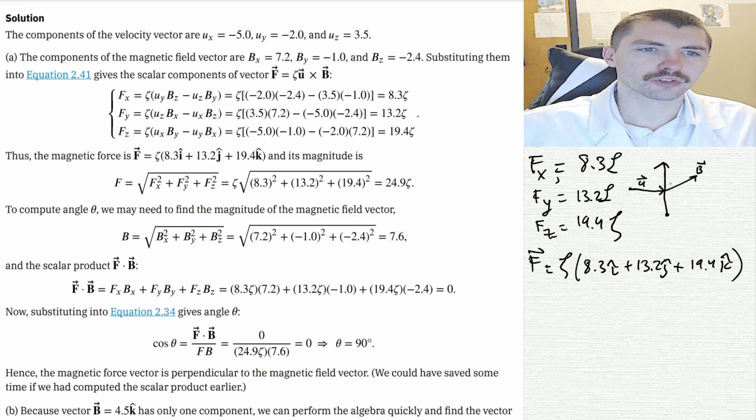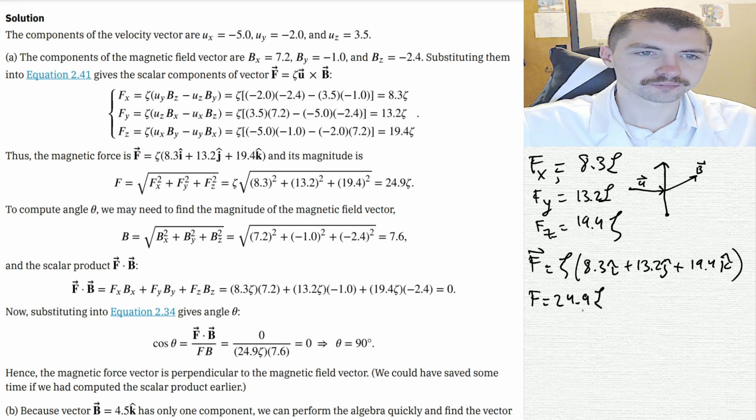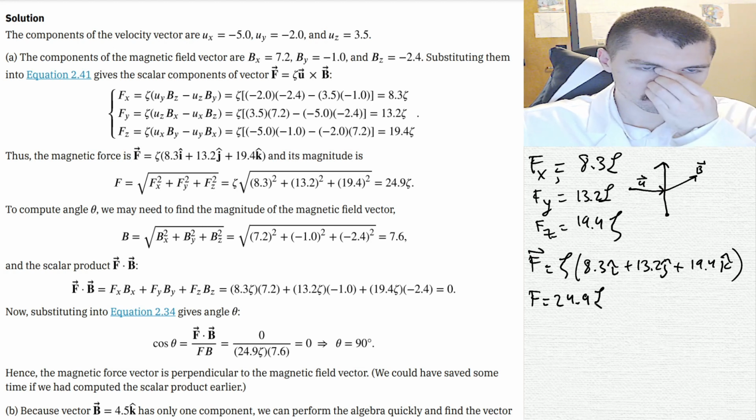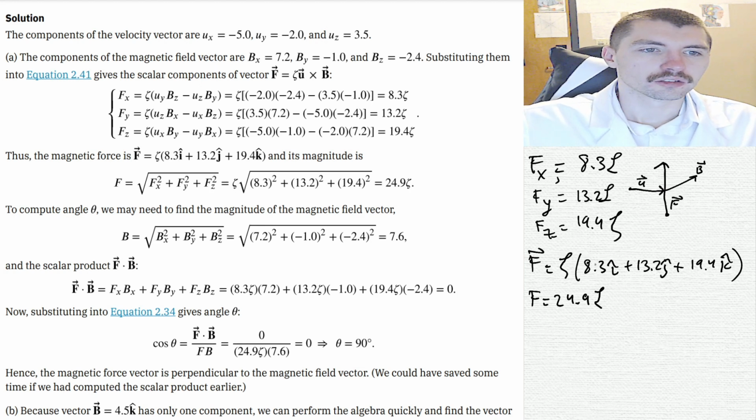So if we want to find the magnitude, take the Pythagoras theorem, equals 24.9 zeta. Okay, so now we want to find the angle.